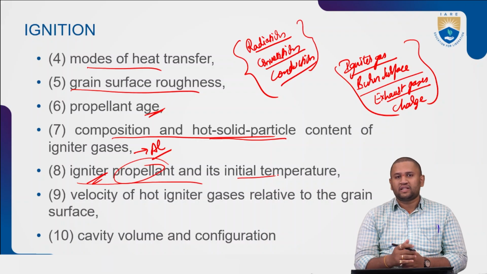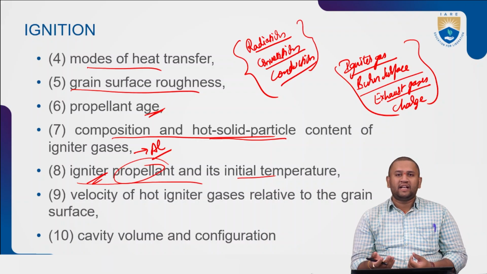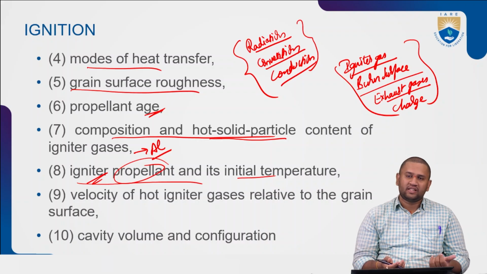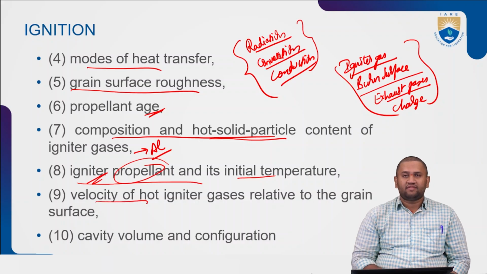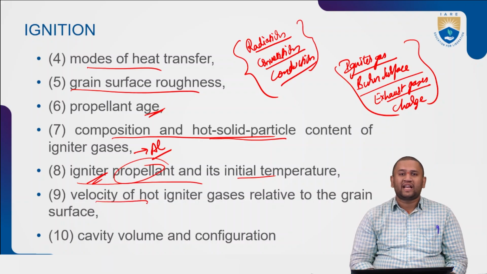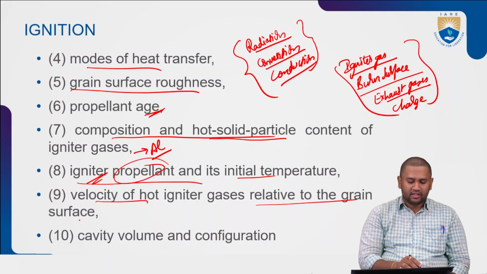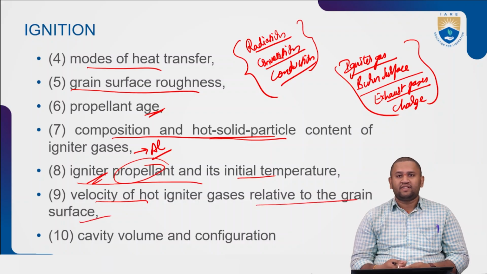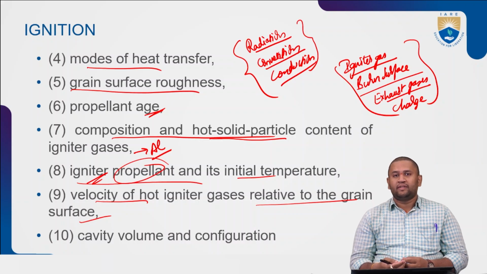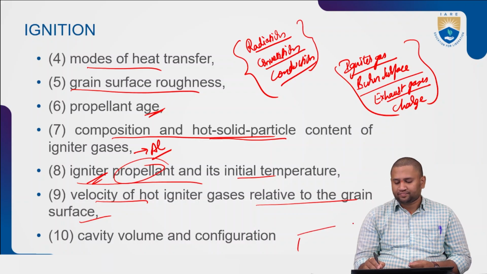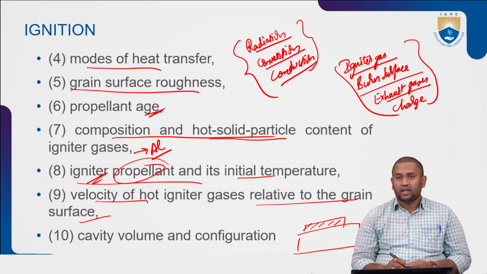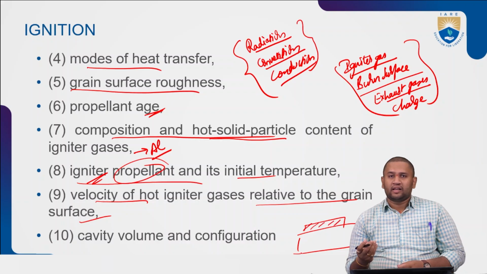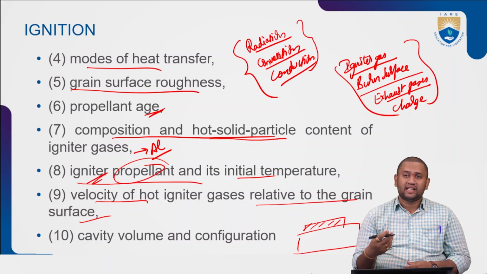If it's lower temperature, upon burning they might lose some temperature, whereas for others it is better. Next one will be the velocity of hot igniter gases relative to the grain surface. What is the velocity at which these gases move with respect to my grain surface inside the cavity?